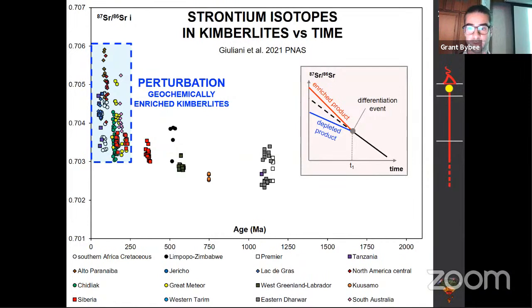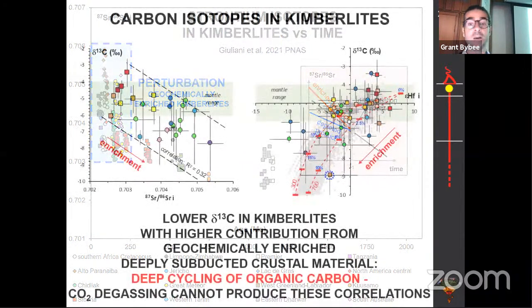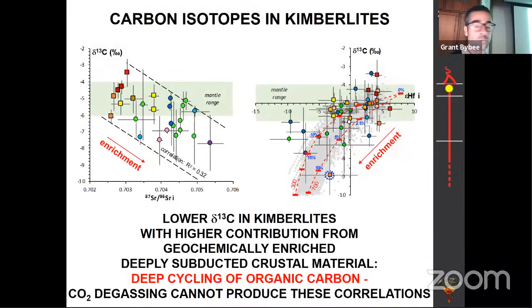If we now compare carbon isotopes with strontium isotopes, the chart on the left-hand axis, and carbon isotopes versus hafnium isotopes, the chart on the right-hand axis, indeed we can find a broad correlation. Of course, the correlation is not particularly great, and this is not something I was personally expecting.